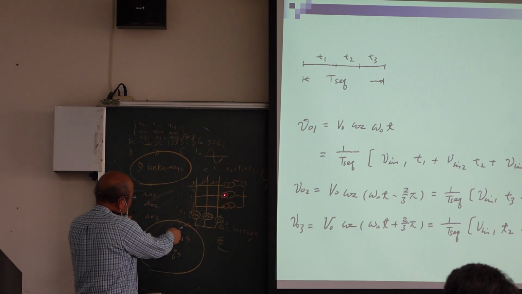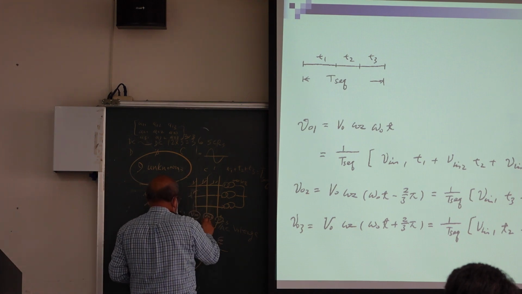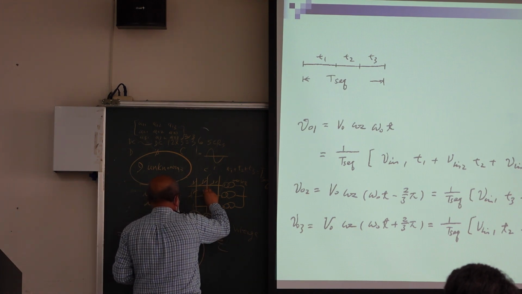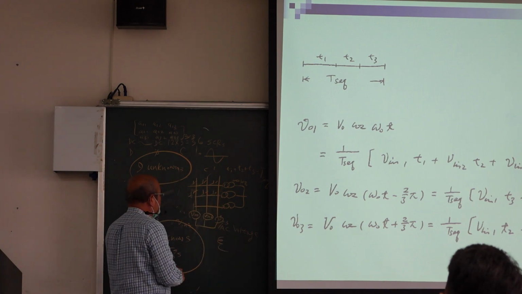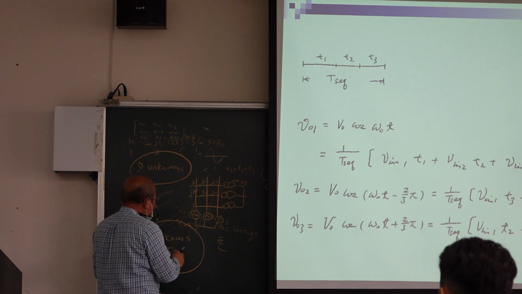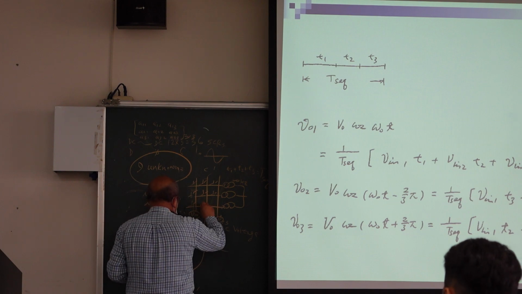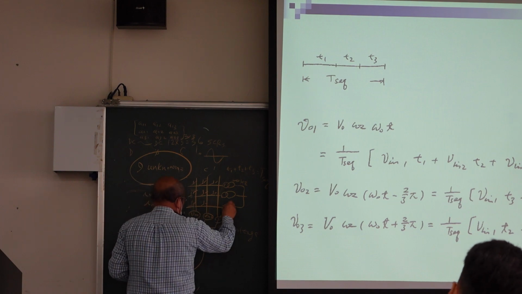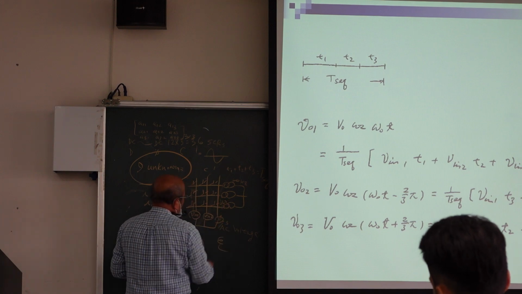The second equation is the same: each voltage multiplied by its switch, and the summation becomes VO2. Then the third line, the same way, we can obtain VO3.